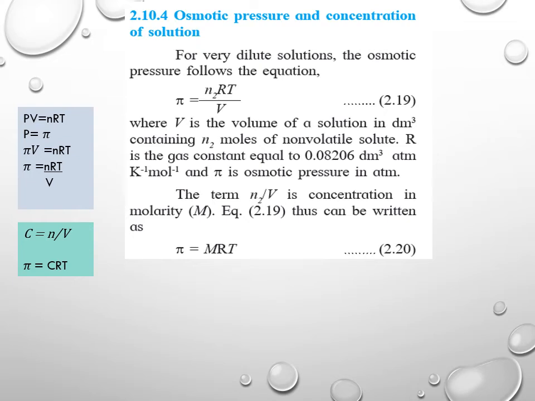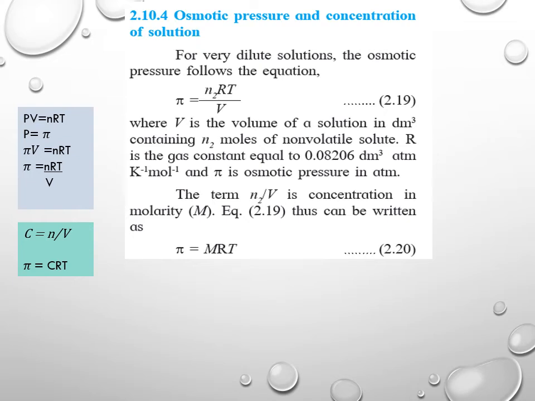Now we know that n/V is nothing but molarity, that is concentration, which is denoted by C. So we can write the equation as pi = CRT, concentration in molarity into R into T. You can see over here.